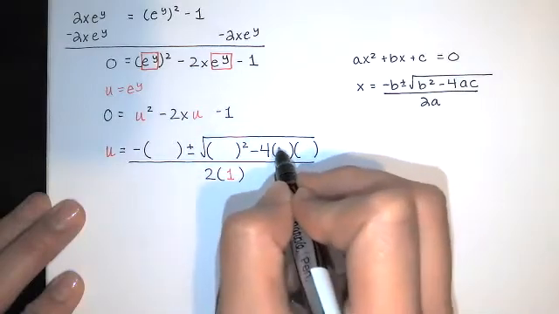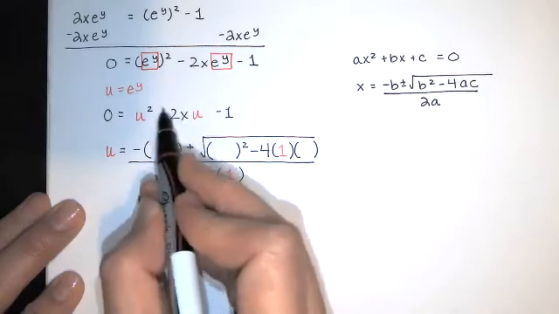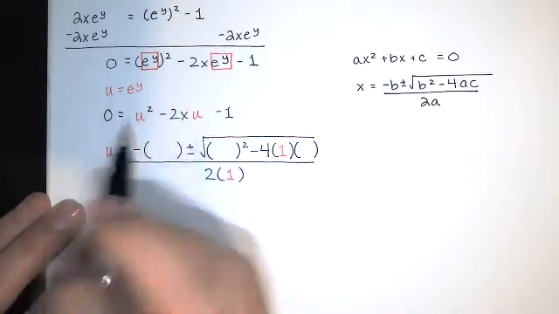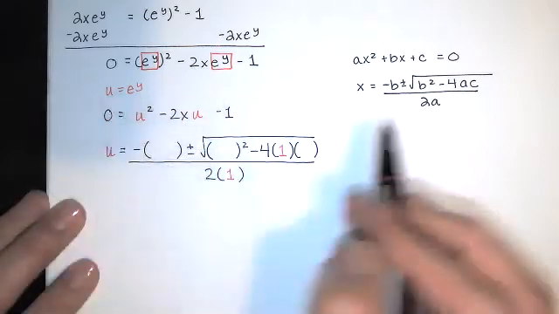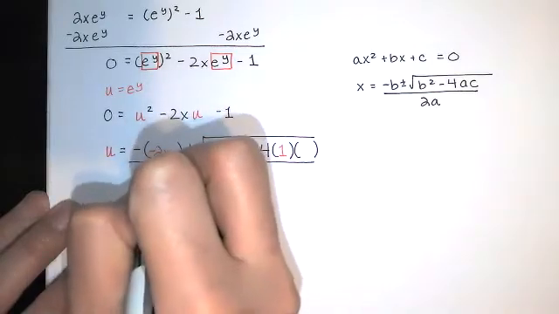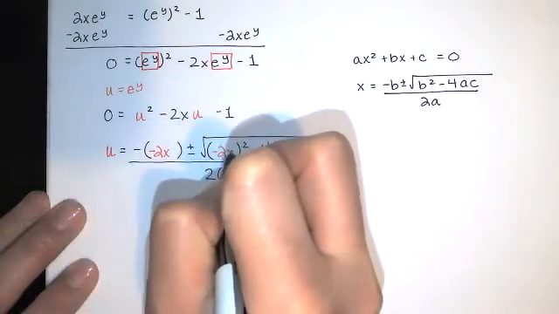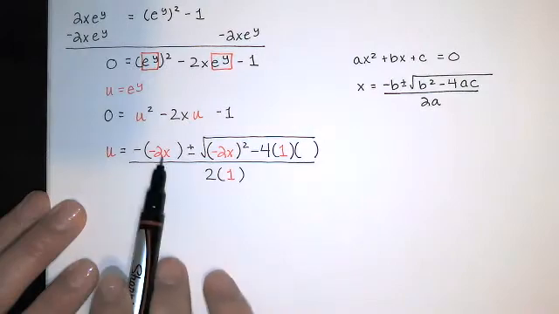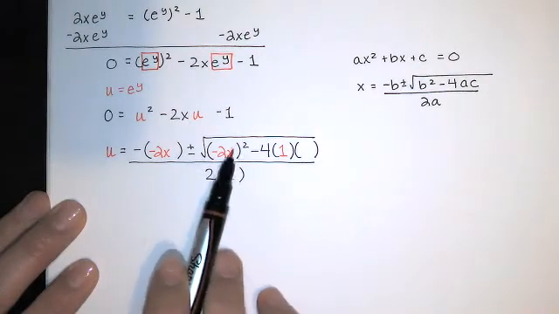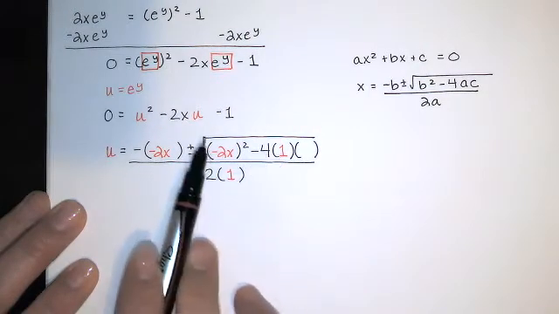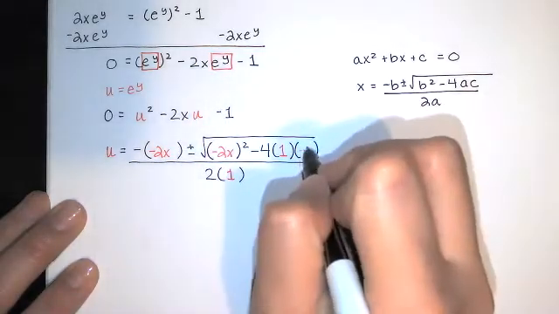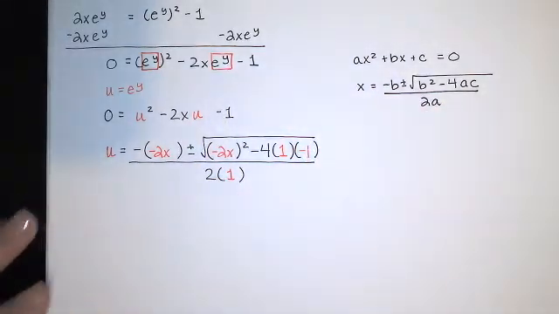B is the coefficient of u, which depends on x, and that's fine, actually. This still works. So b is negative 2x. This is negative b plus or minus the square root of b squared minus 4 times a times c, which is negative 1, all over 2a.